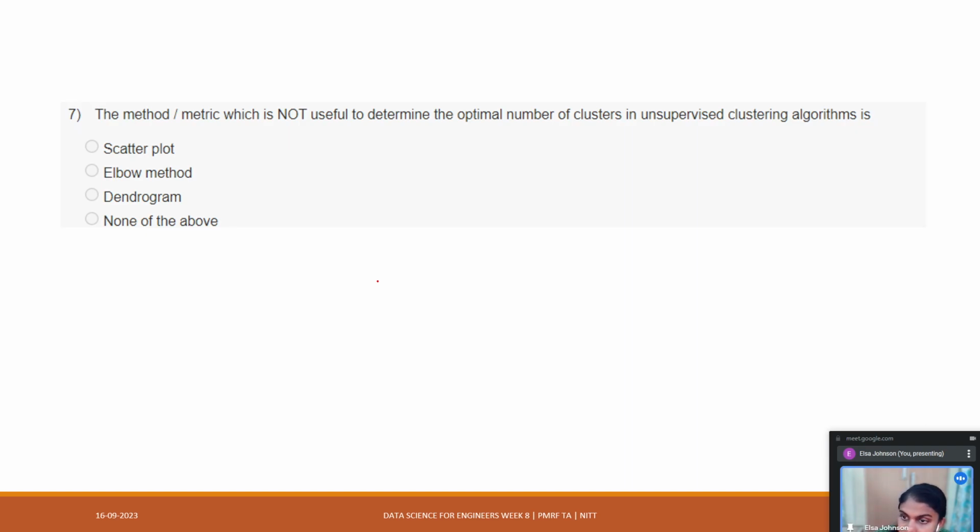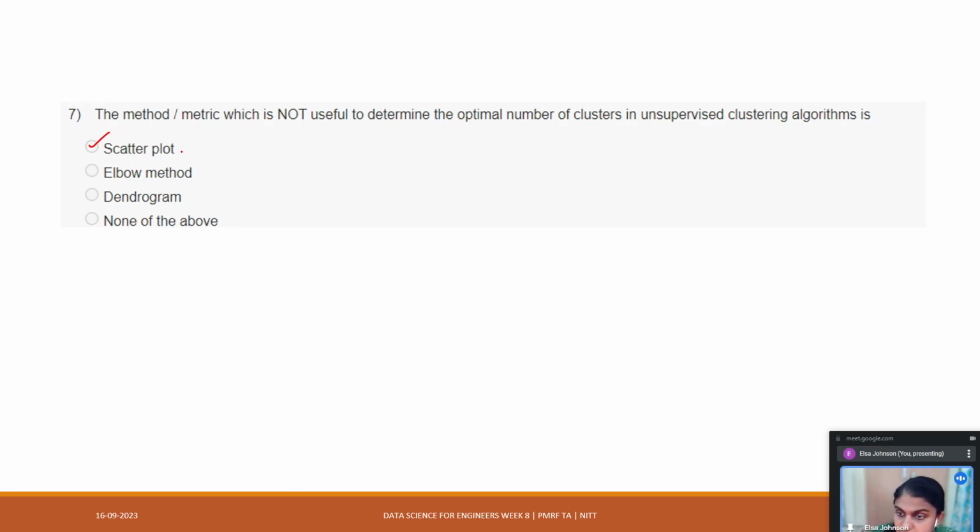It can be used to see the distribution of the data. It's not useful is A, Ujjwal. The answer is A. It's asked which method or metric is not useful, so the answer is actually scatter plot, because both the other things are used for determining the optimal number of clusters.